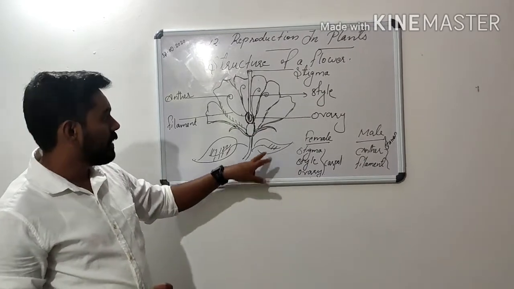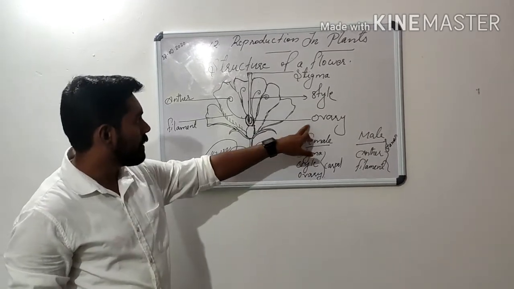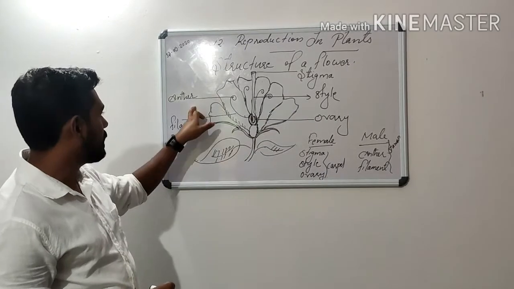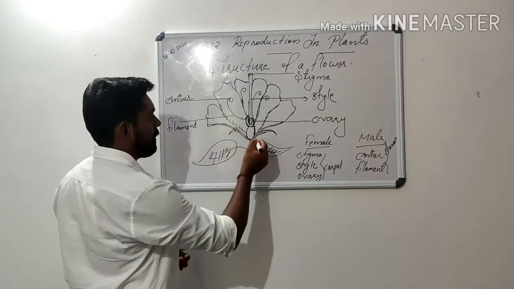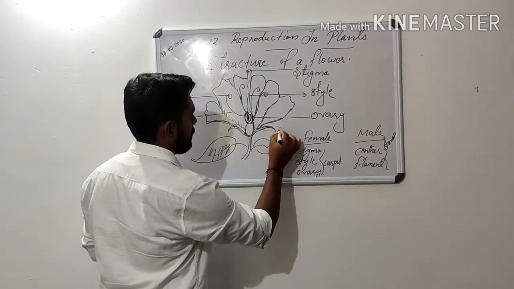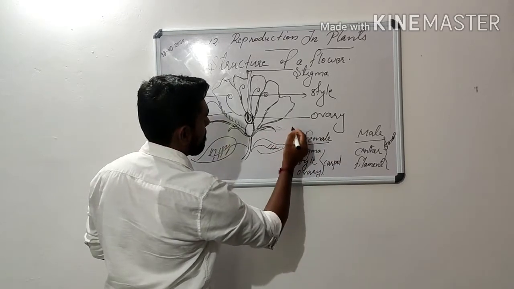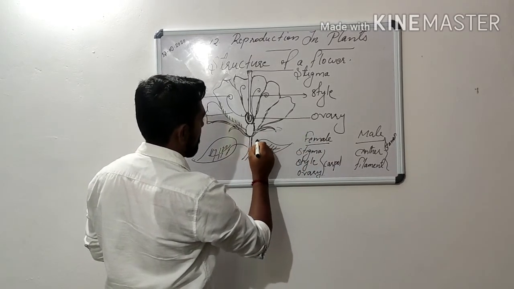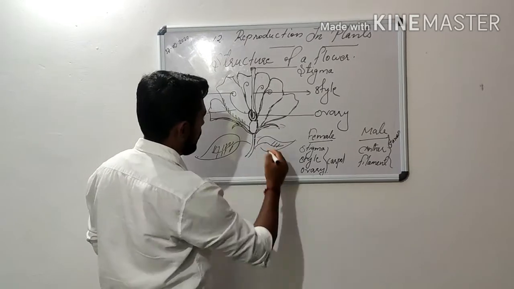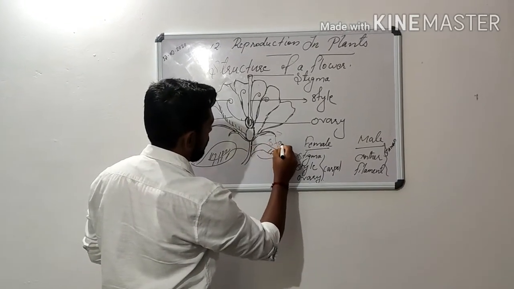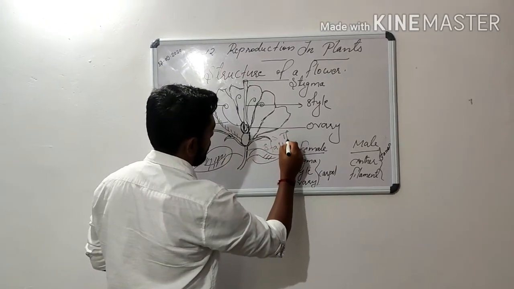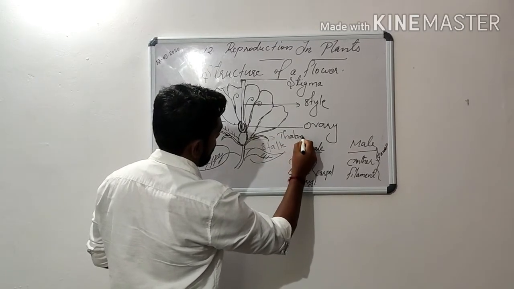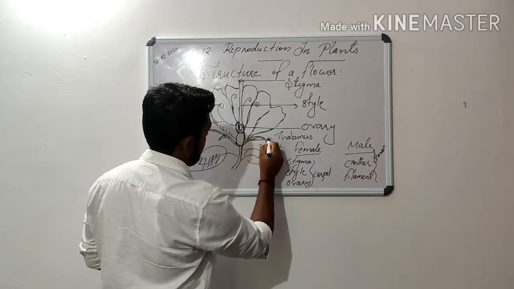You can see the ovary, style, stigma, anther, filament, and here the stalk and thalamus.